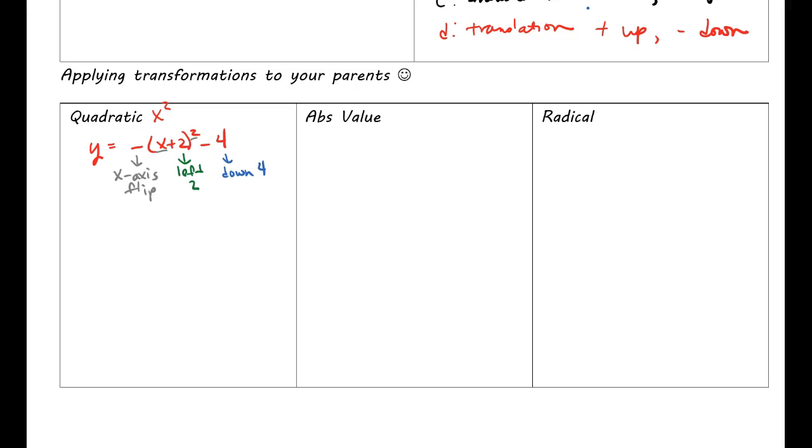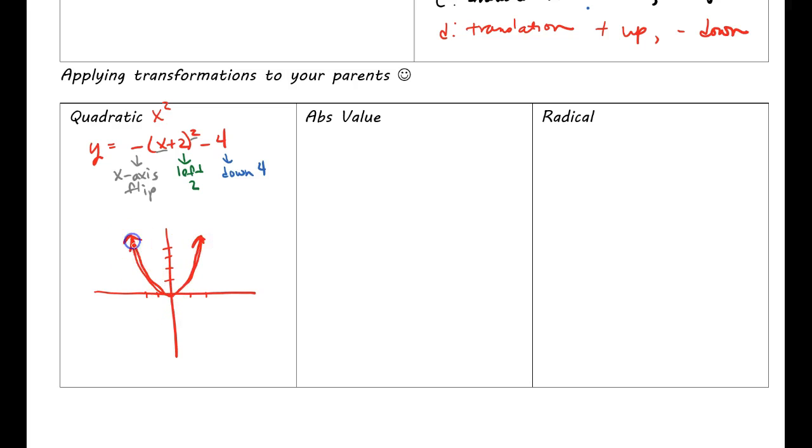So I always make my class start by drawing the actual parent function, which is x squared, and we drew that above. So take a minute to draw x squared. That was the 0.11, that was the 0.24. And I may need to make this a little bit steeper.